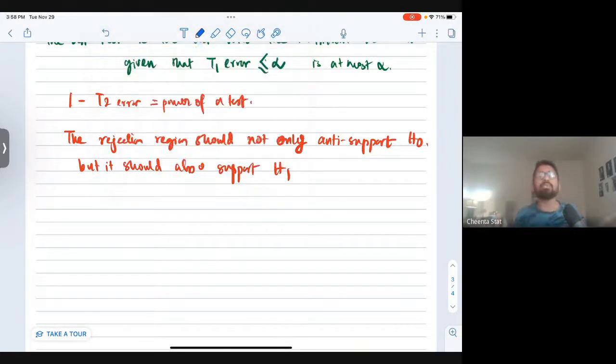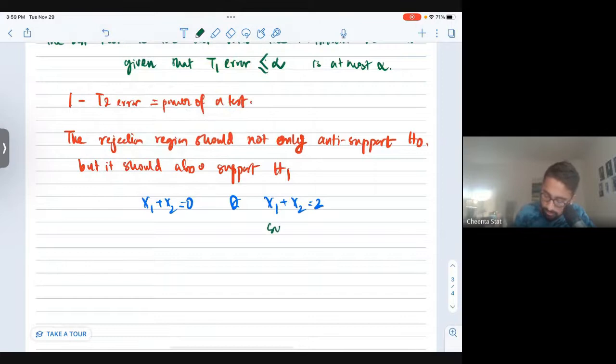If it just anti-supports H naught, then both x1 plus x2 equal to 2 and x1 plus x2 equal to 0 are good tests. Understand this: if it anti-supports H naught but does not support H1, both are good tests. But x1 plus x2 equal to 2 also supports H1 because p is greater than half. But the other does not support H1. So therefore, this is a better test.